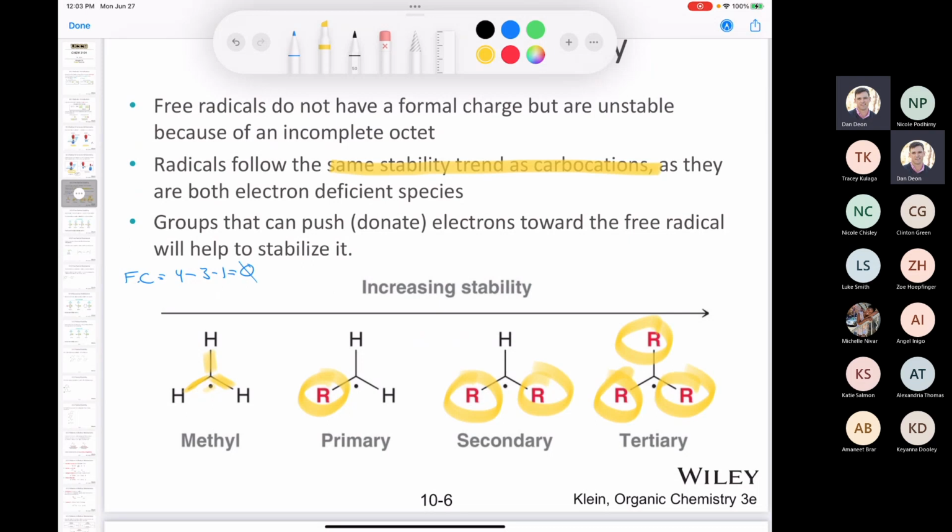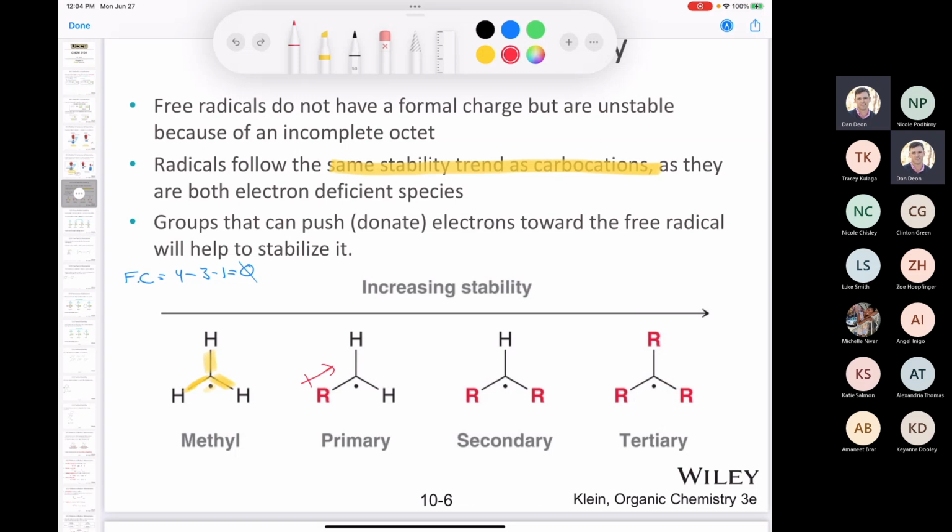We have more R groups surrounding our radical, it becomes more stable. Why? Because the R groups donate electron density via hyperconjugation. So they're donating electron density in this direction, which serves to stabilize the carbon radical. Thus, the conclusion is a tertiary radical is more stable than a secondary or a primary, and then a methyl is the least stable of all of these.